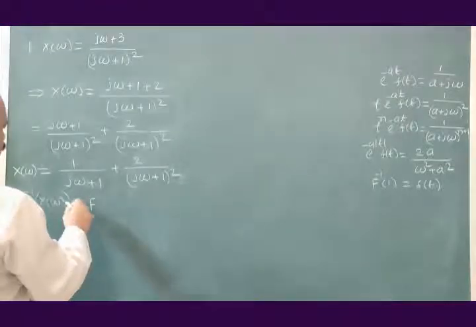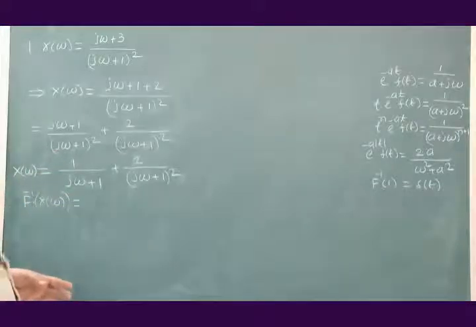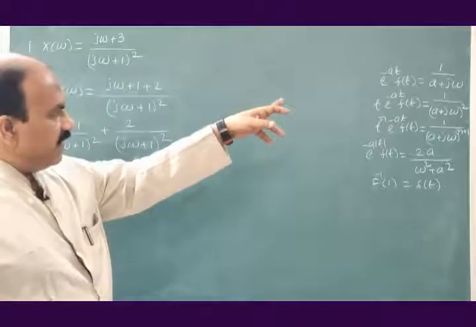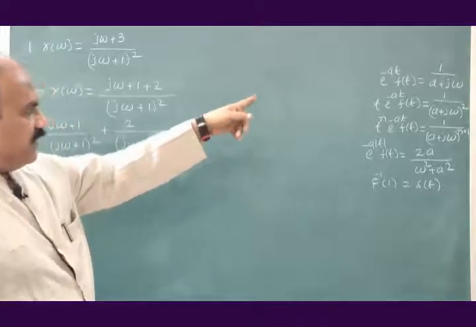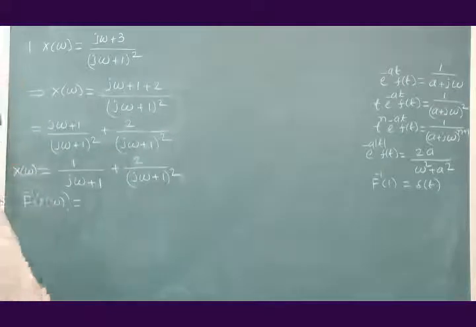That's what we have to do using the formula. For 1 by a plus j omega, instead of e to the power minus at, it becomes e to the power minus t.